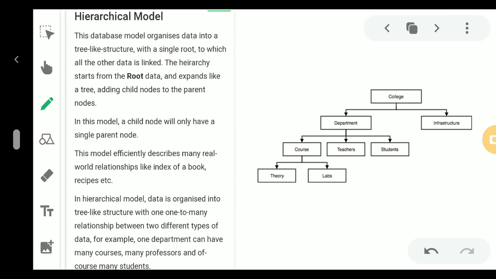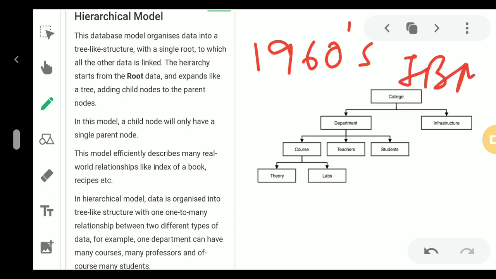This model is the oldest database model, created by IBM during the 1960s. Remember that it was created by IBM in the 1960s. Here the records are logically organized into a hierarchical relationship.